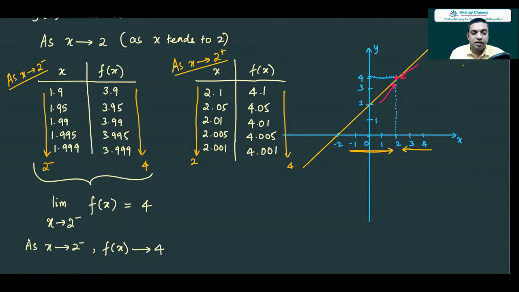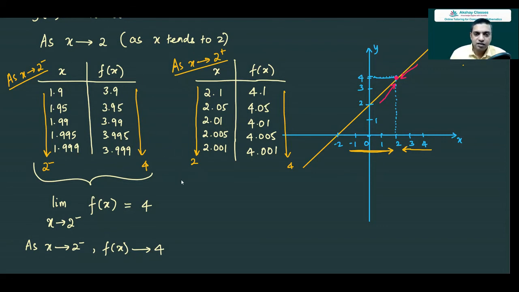We read it as x tends to 2 minus, f of x tends to 4. Remember, f of x is not equal to 4. F of x is only tending to 4. So limiting value means that it is not equal to, it is approaching a particular value.